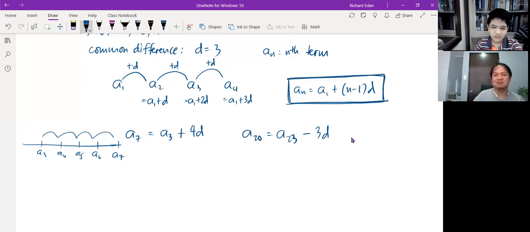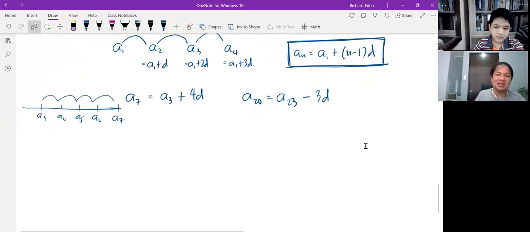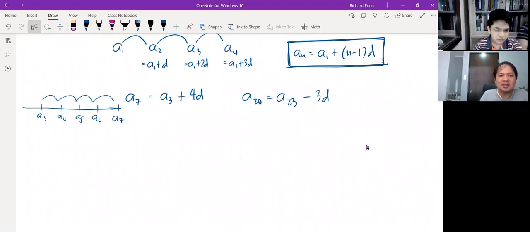If you could think of the number of jumps that you need to make, it'd be easier to come up with these. So, in an arithmetic sequence, if you take any 3 consecutive terms, do you see that the middle term is the average? a sub 5 is equal to a sub 4 plus a sub 6 over 2.